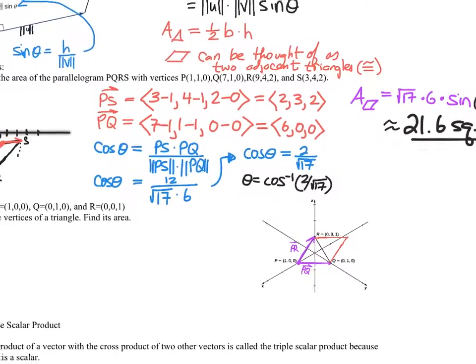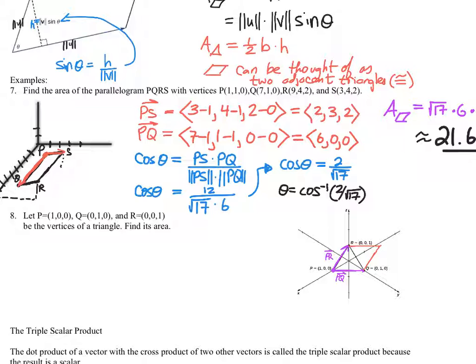All right, so PR would be -1, 0, 1. I'm just subtracting corresponding parts.